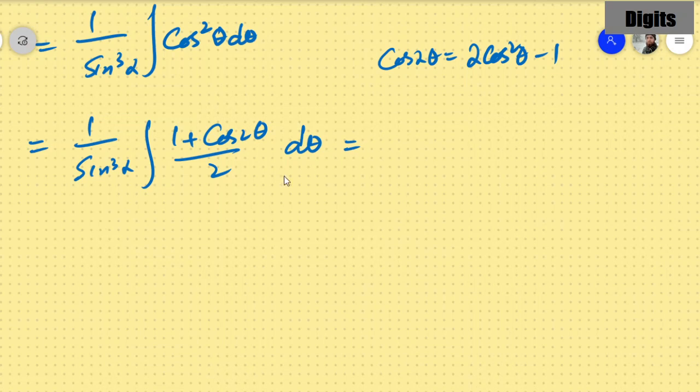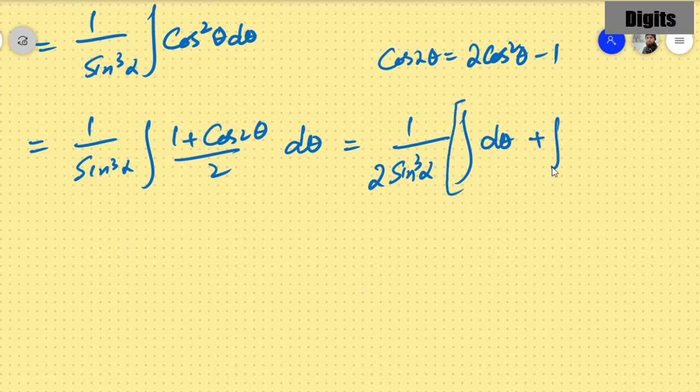Now this can be written as 1 by sin cube alpha integral of, taking 2 common, d theta plus the integral of cos 2 theta d theta.